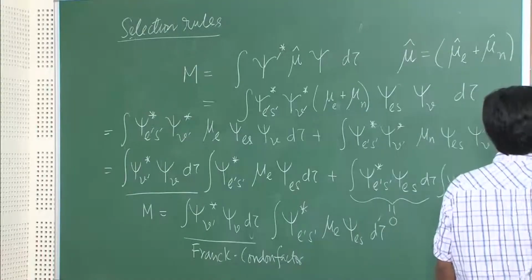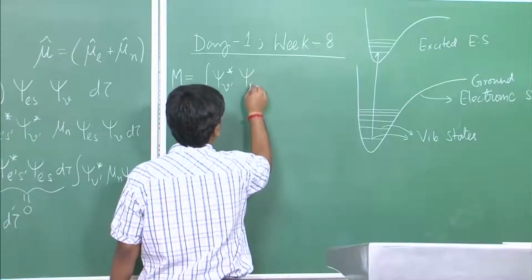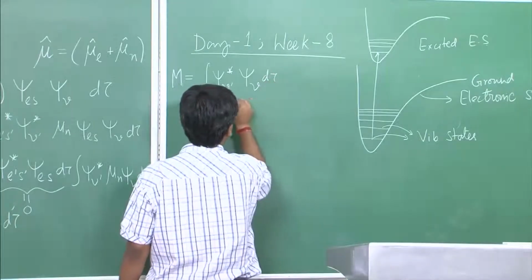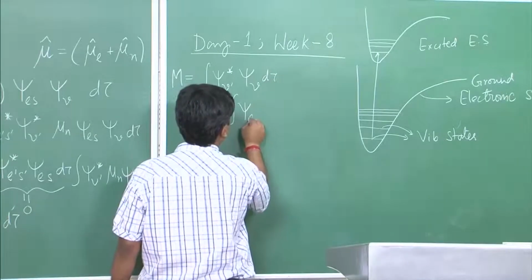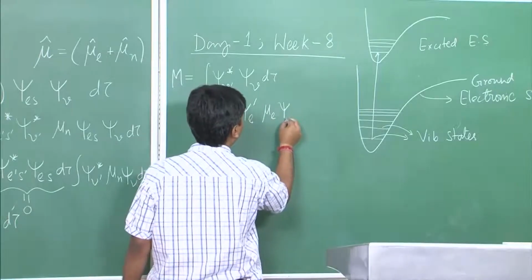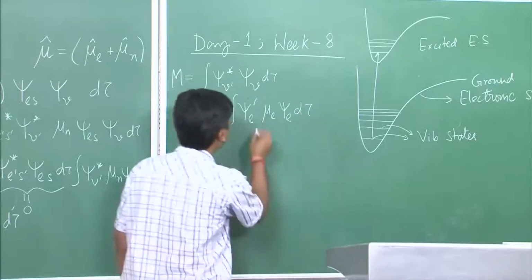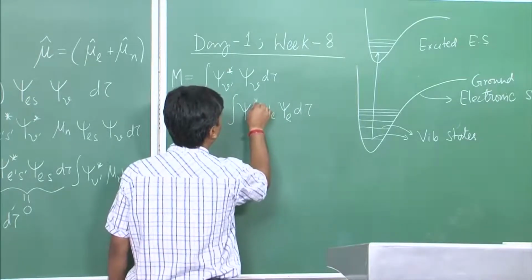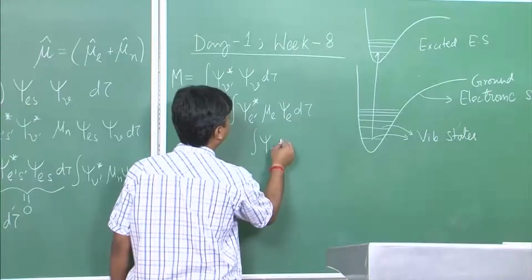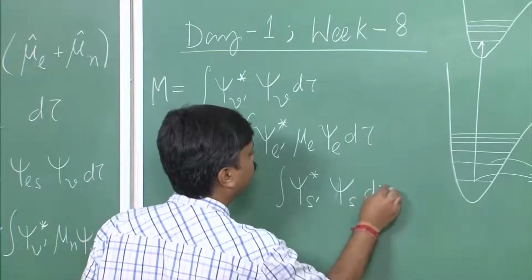At some places we missed this complex conjugate part, but you should correct it. d tau multiplied by d tau, and multiplied by psi s prime and psi s d tau.